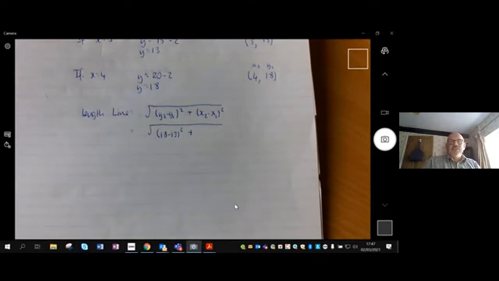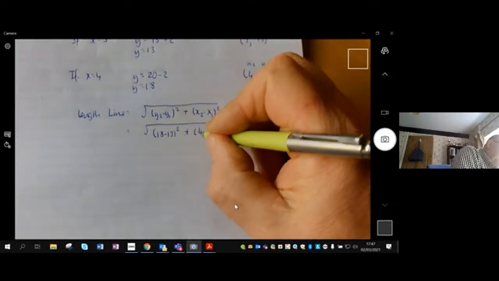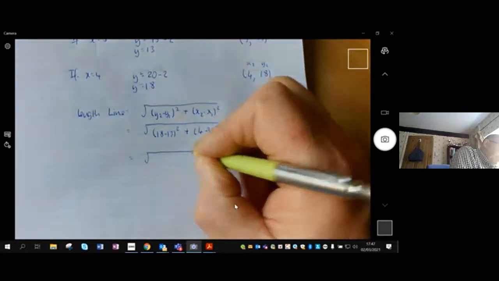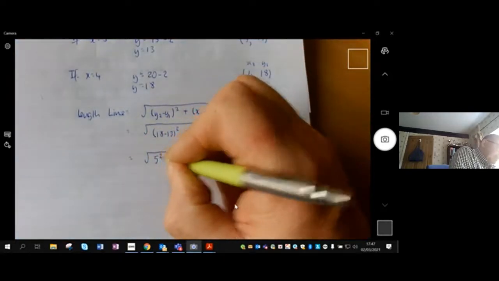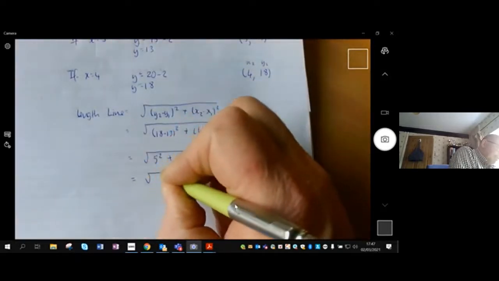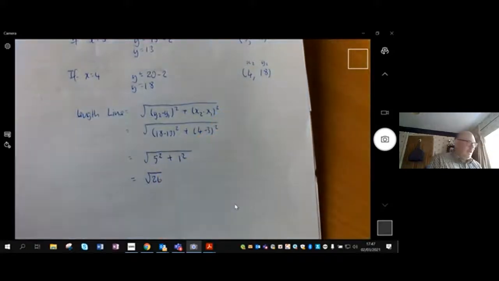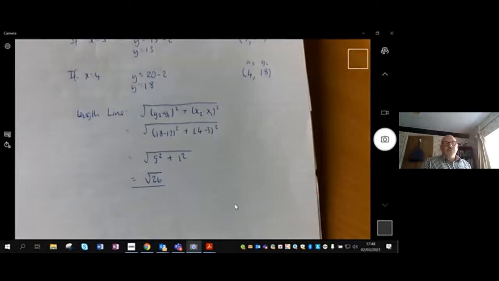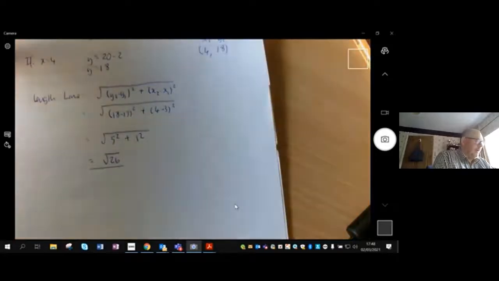Just calm down, and that is plus 4 minus 3 all squared, which is the square root of 5 squared plus 1 squared, which is root 26. And to be honest, at A level, quite happy to leave it as a surd. Unless you're going to do anything with it, I wouldn't do anything, leave it as a surd, unless you're told to give the answer to a different degree of accuracy.